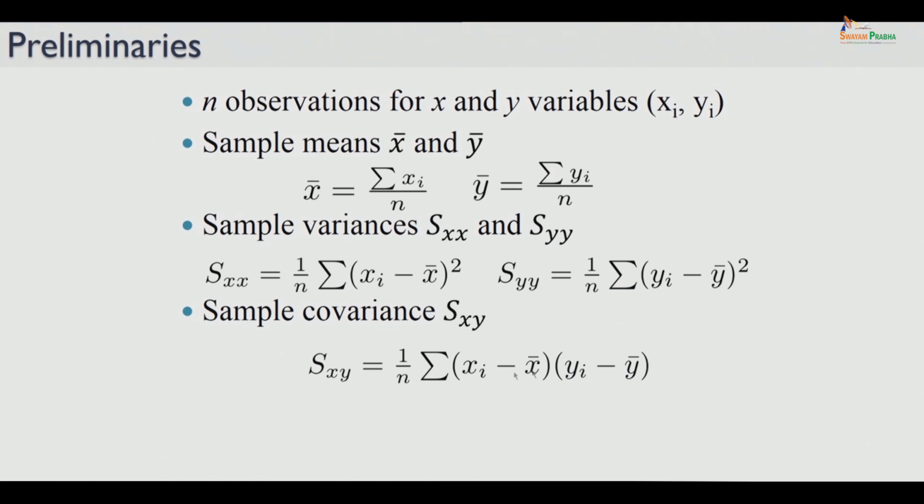Notice again that these xi and yi are ordered pairs, in the sense that corresponding to the ith experimental condition, we have obtained values for x and y. You can't shuffle these values any which way. They are assumed to correspond to some experimental conditions that you have set. So there are n experimental observations you have made.